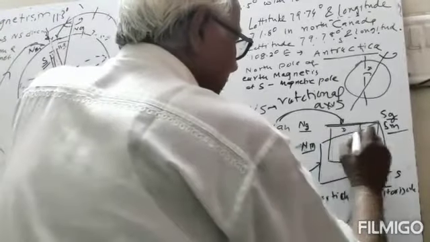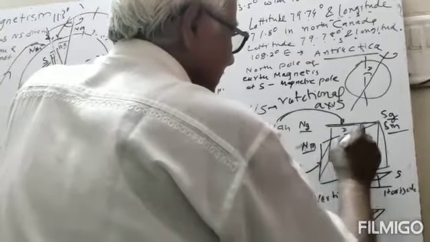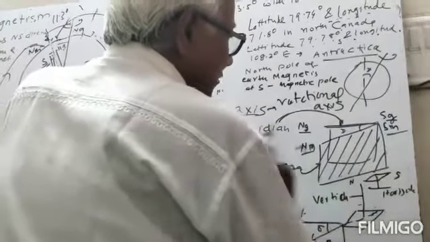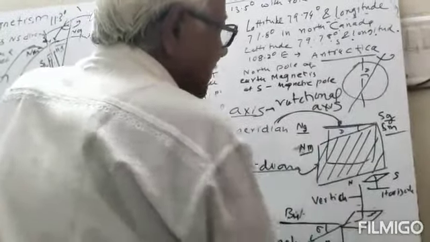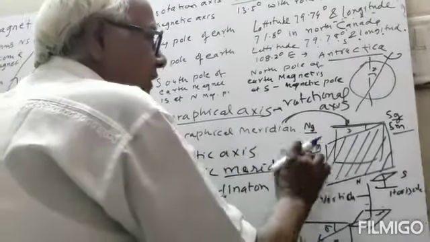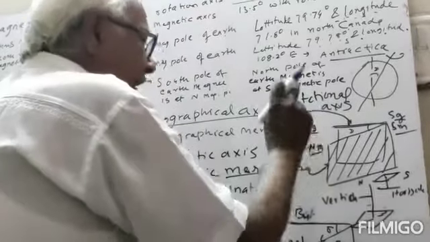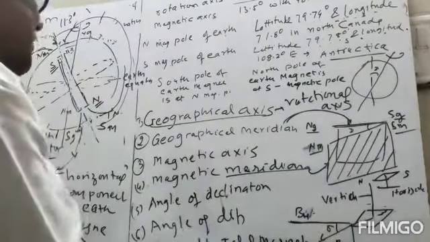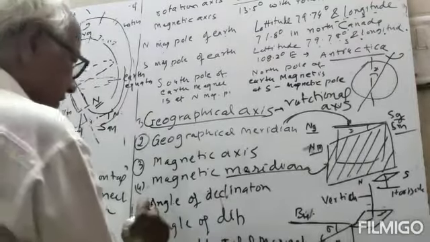This plane will be the magnetic meridian, and the plane which is behind it is the geographical meridian. So the angle between the geographical meridian and the magnetic meridian is called the angle of declination.